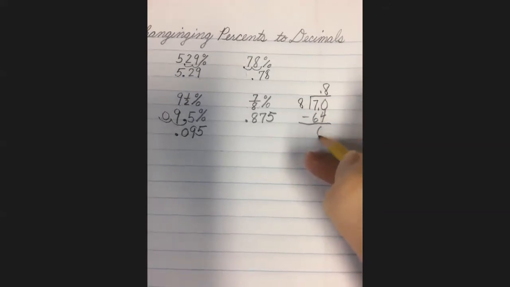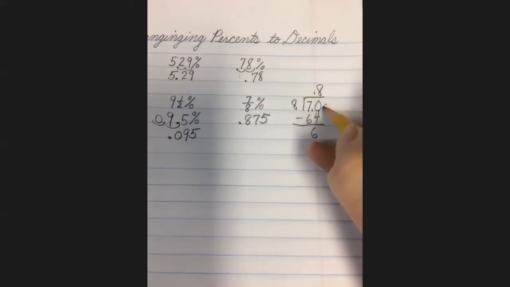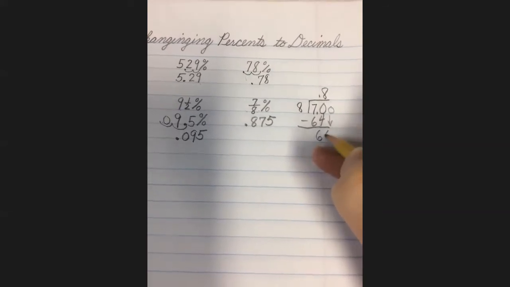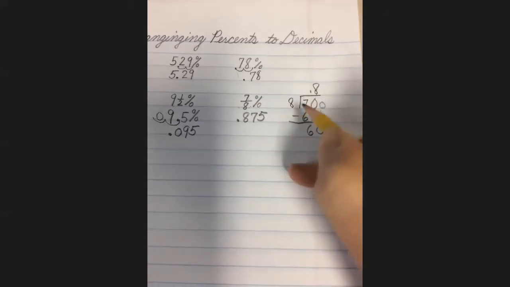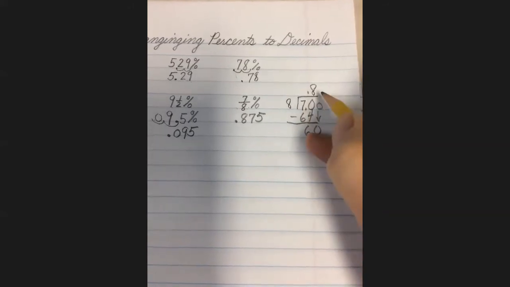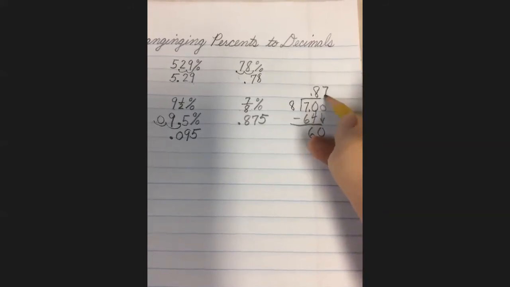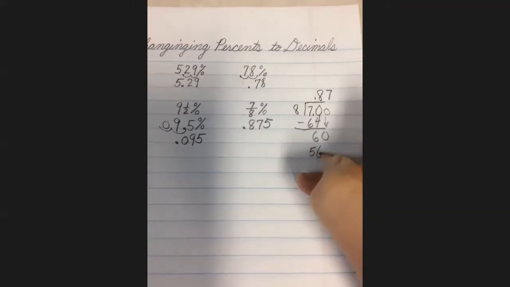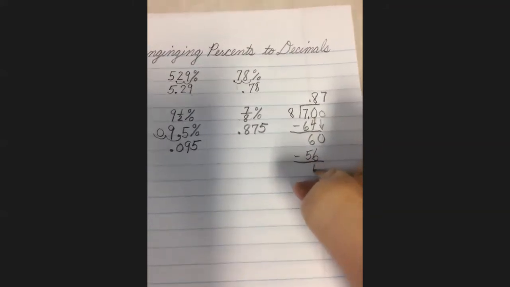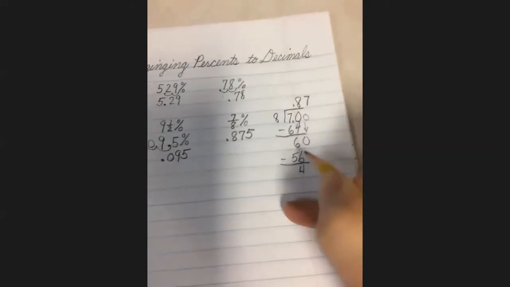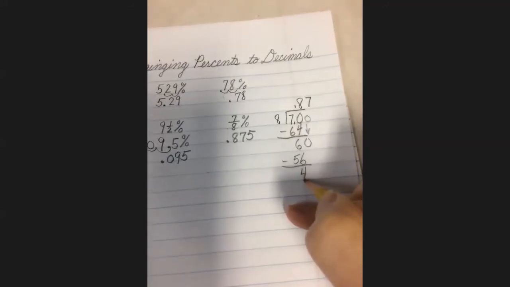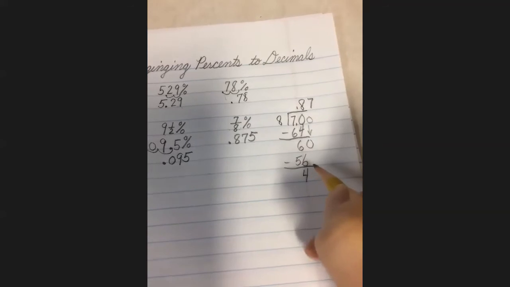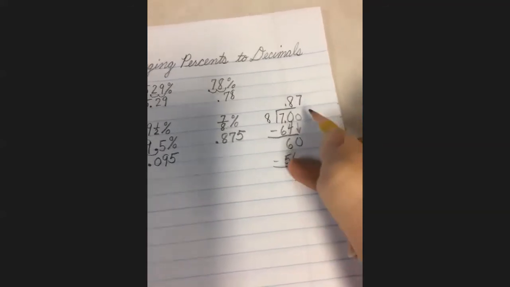6 more would make 70. We're going to have to bring a number down because we need to go 2 places here. And we're actually going to go 3 places, aren't we? What's 8 times 7? 56. We are correct. We're going to add another 0.